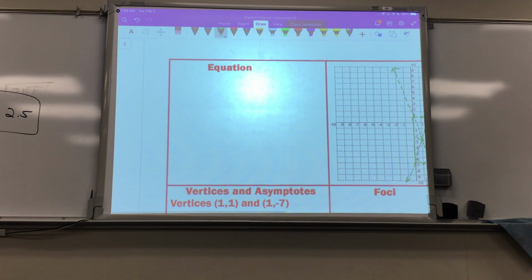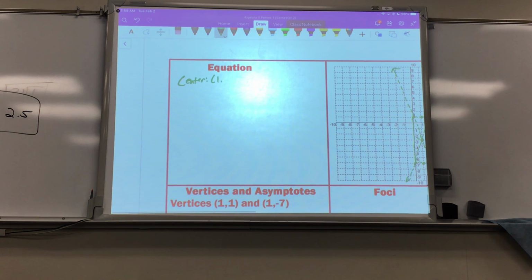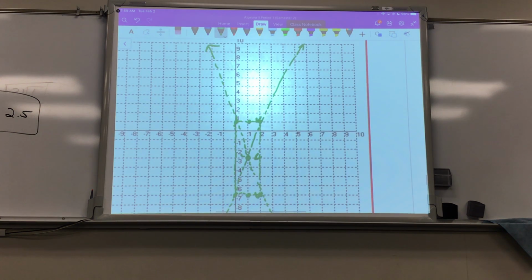Let's write down what we know so far. We got a center. We said 1, negative 3. Okay, we got our distance to the vertices. What's that distance from the center to the vertices?